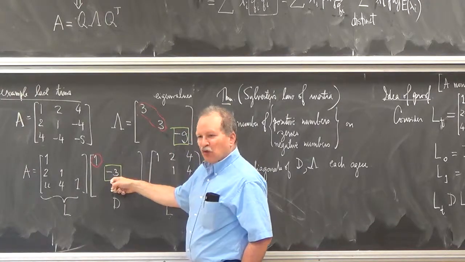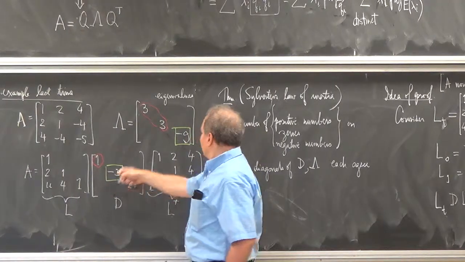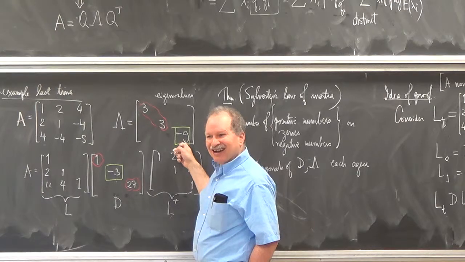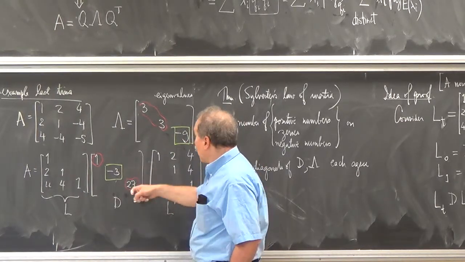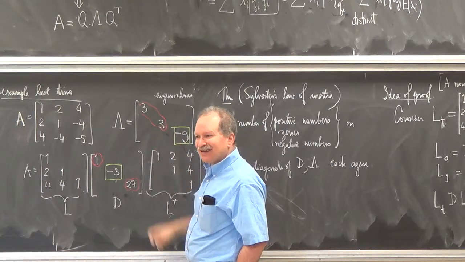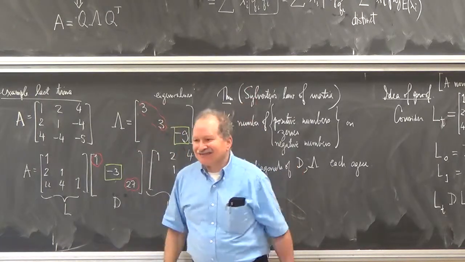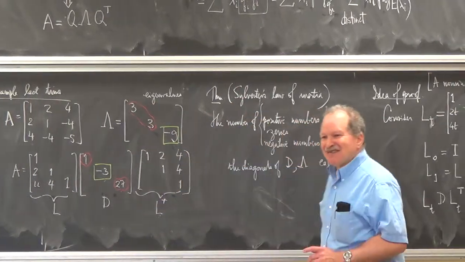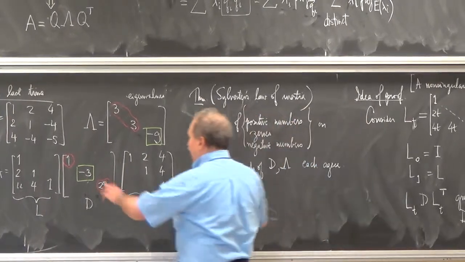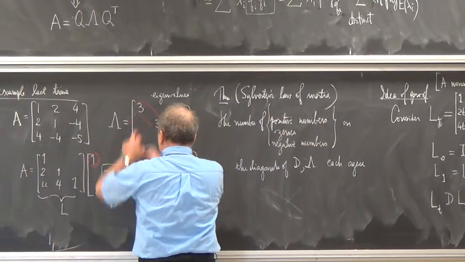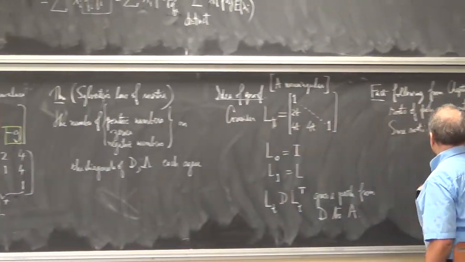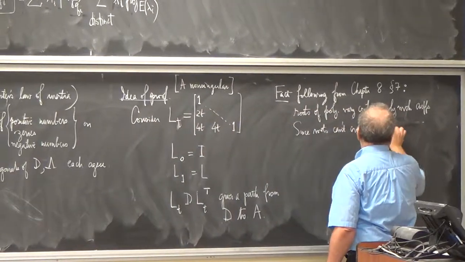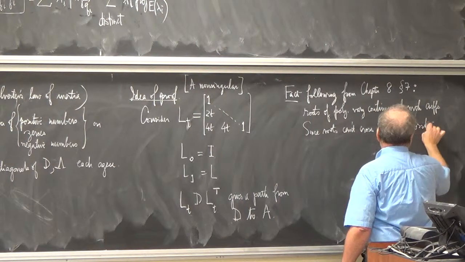This -3 can morph wherever it wants, but it has to stay negative, and eventually it has to get down to -9. And this 27 has to stay positive and morph however it wants, but it has to turn into 3 eventually. Who knows who goes where, but in the path, these two morph over to those two, and this one morphs to that one.